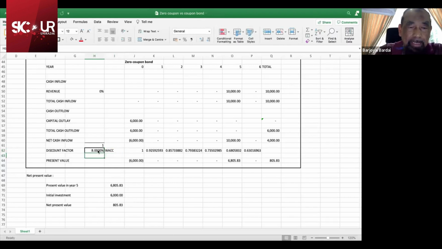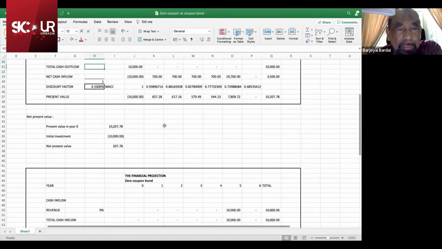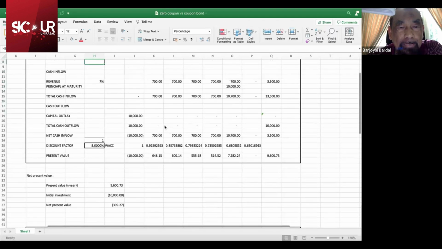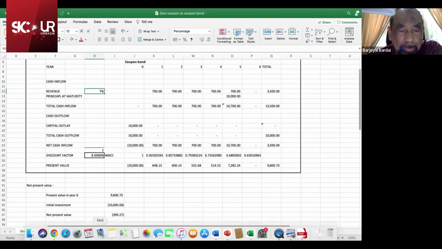So once you decide on the 8%, now you want to buy this bond, and you put here 8%. Then you ask, what will be the coupon rate of the bond? If the coupon rate is less than 8%, say 7.5%, then you know that the net present value will be negative.